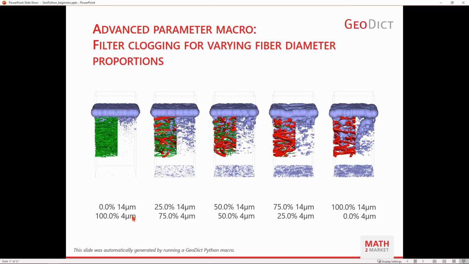So we start in the left with 100% thin fibers with 4 micrometer diameter and 0% of the thick fibers with 14 micrometer diameter. And then we go to the right with more and more thick fibers and less thin fibers till we reach the 100% thick fibers and 0% thin fibers.